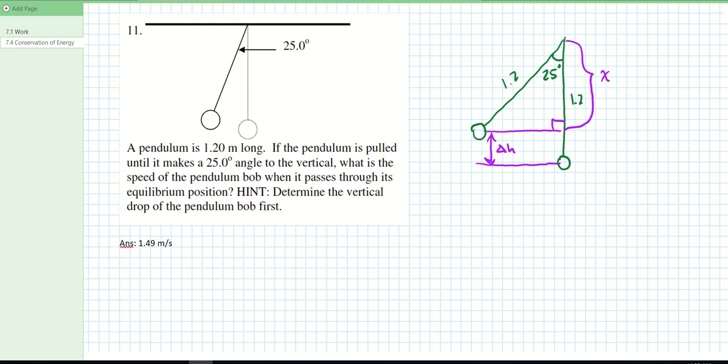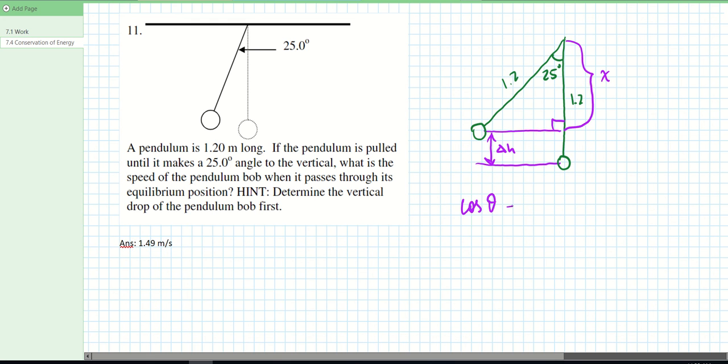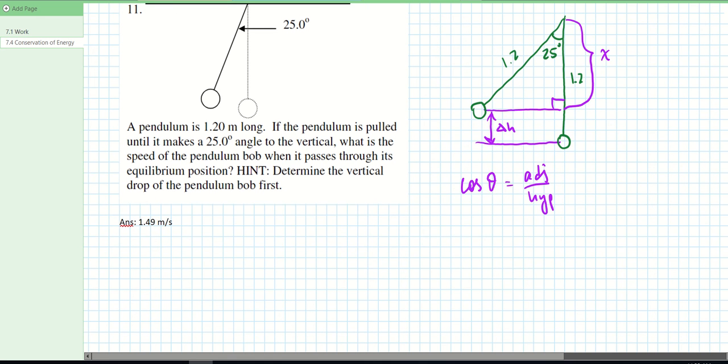So let's do that. Let's find our value for X. So in this case, again, I'm going to write cosine theta equal to the adjacent over the hypotenuse, which in this case is going to be our X and 1.2. So I'm going to replace theta with 25, and adjacent is going to be replaced with X. That's the unknown, and hypotenuse is 1.2 meters.